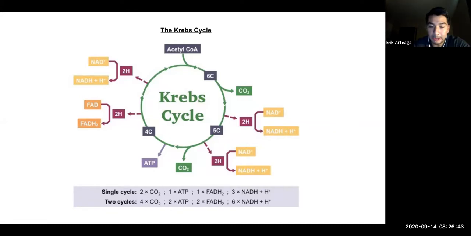So again, very inefficient in terms of gaining energy, right? It has the same energy gaining potential as glycolysis, but you're getting a lot of these NADHs. And again, these are going to be important for the electron transport chain.